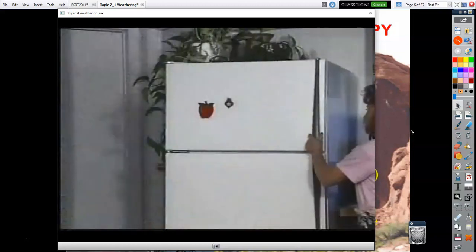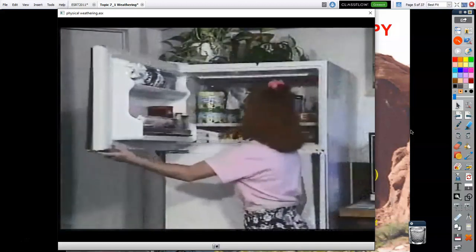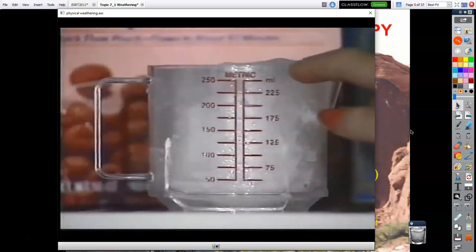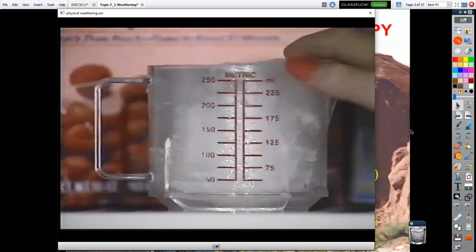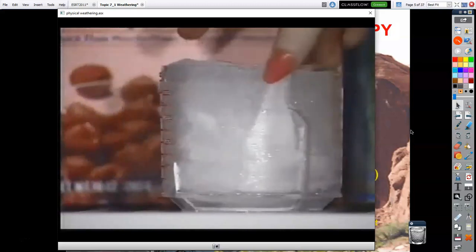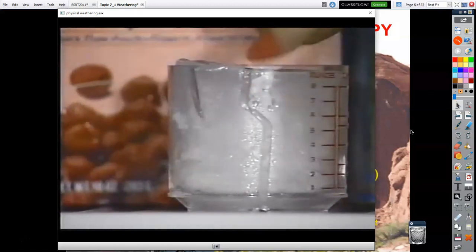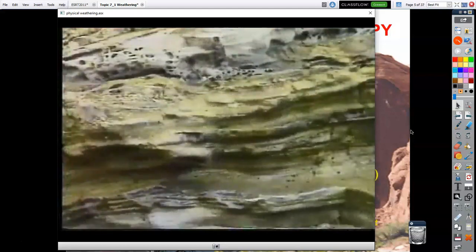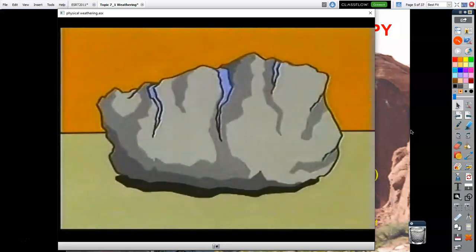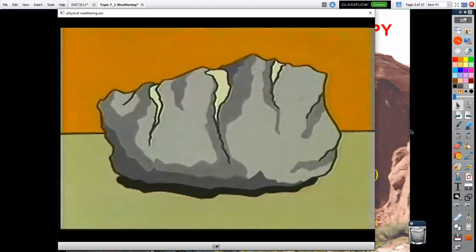Later, when we view the cup, we find that the water has turned to ice and that it has expanded almost 10%. We note that it has increased in size both upward and outward and has actually cracked the plastic cup. But how does freezing water affect rocks? Water frequently collects on rocks and gets into their small openings. When temperatures drop below freezing, the water in these cracks turns to ice and expands.